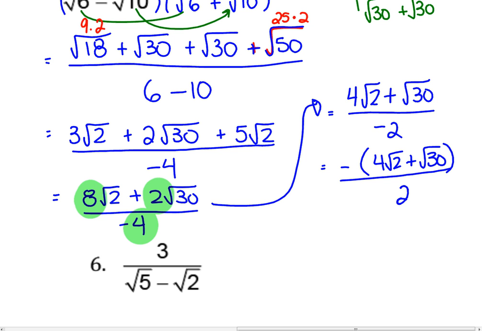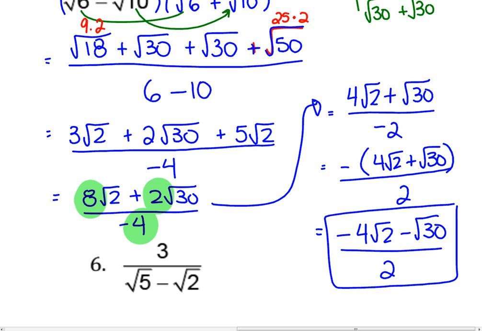Normally we wouldn't write it like that. If we want to move it to the numerator, you're just switching all your signs. Everything switches its sign because we're going to distribute that negative in. So instead we'd write this as, if I distribute the negative in, negative 4 root 2 minus root 30 all over 2.